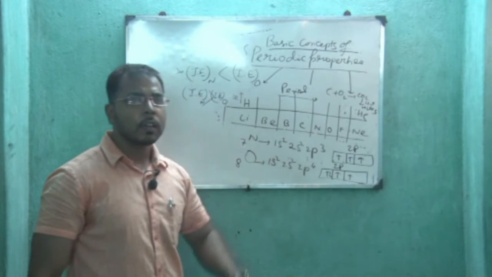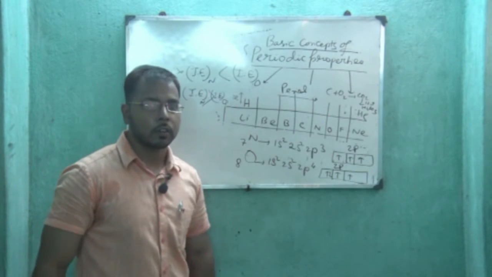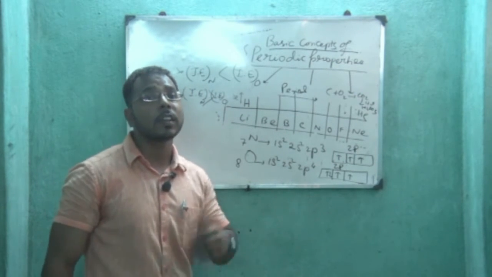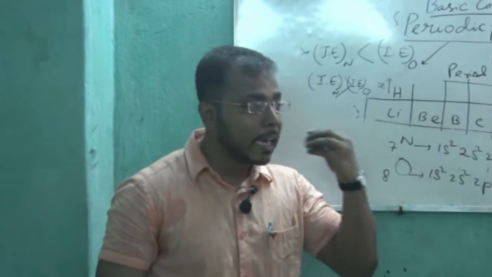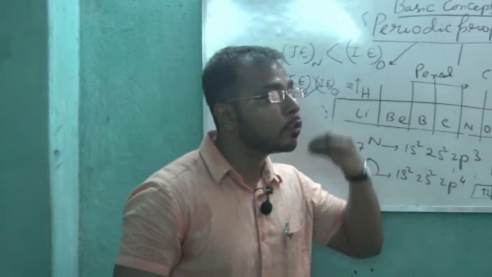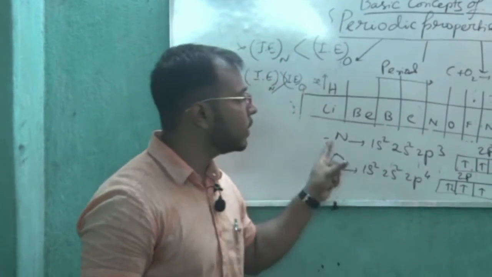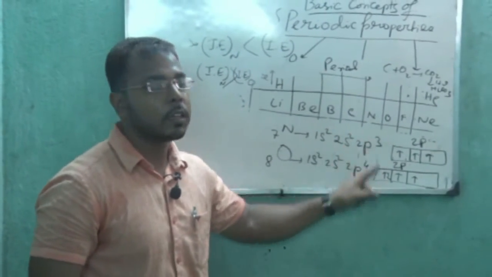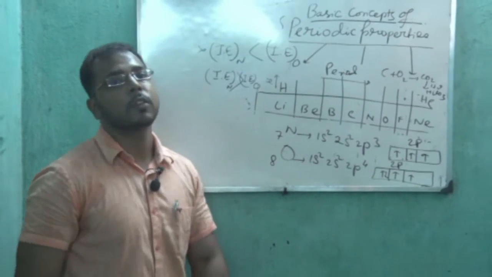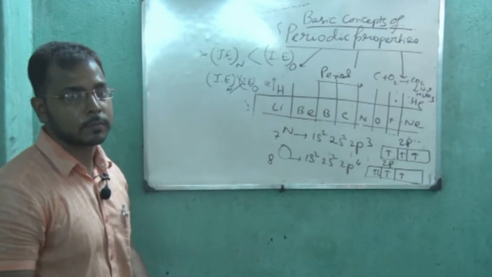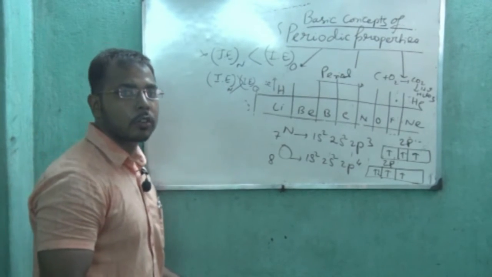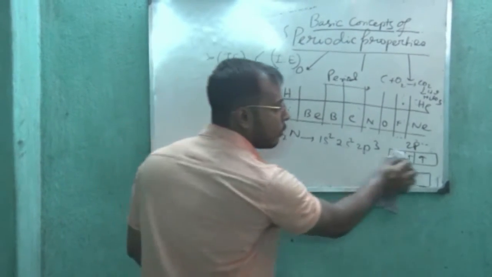So why would it remove any electron? It does not remove any electron easily. That is why I told you, if any element does not have a tendency to remove electrons easily, its ionization energy will be increased. So nitrogen will have higher ionization energy than oxygen. This is an important question that also comes in your board exam.